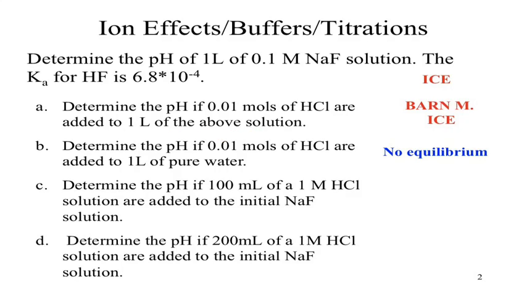Questions on that? Yes? Do we always assume it goes to equilibrium? That's a harder question than you may ask. For this section of the problem, where I'm pointing here, to solve for x, do we assume it goes to equilibrium? Absolutely. Why? How did we solve for x? We use the equilibrium constant.